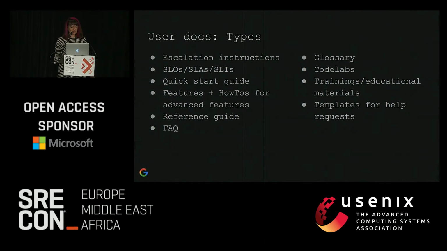So categories of docs you might need for your users include escalation instructions, so let your users know how and or when to escalate, SLOs, SLAs, and SLIs, a quick start guide, a feature guide, and how-tos for advanced features, a reference guide, FAQ, glossary, code labs, trainings, and other educational materials, and templates for help requests so that you can get the info you need from your users right off the bat so you can troubleshoot better and more quickly.